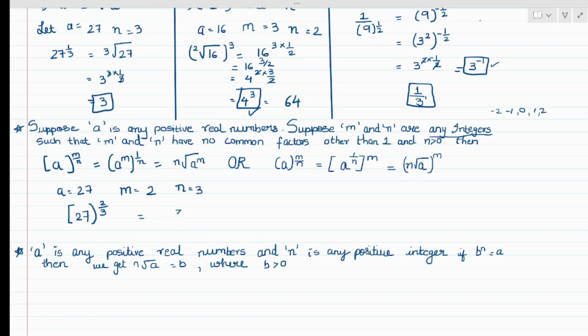So I can write it as 3 cube raised to 2 by 3. This 3 and this 3 get cancelled. I got my answer as 3 square. Now what does this 3 square mean? 3 threes are 9. So I will get my final answer as 9.